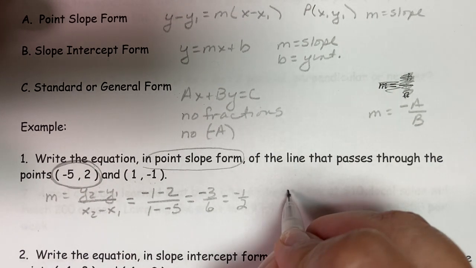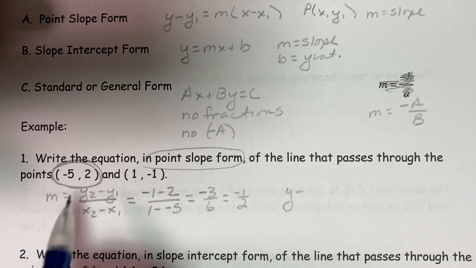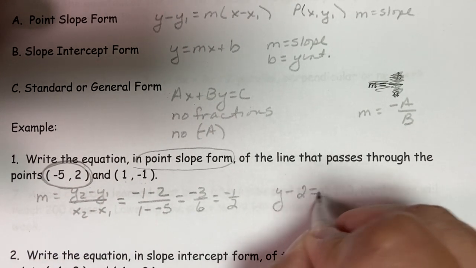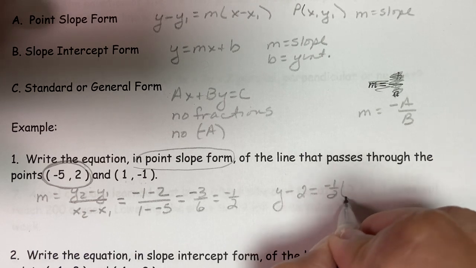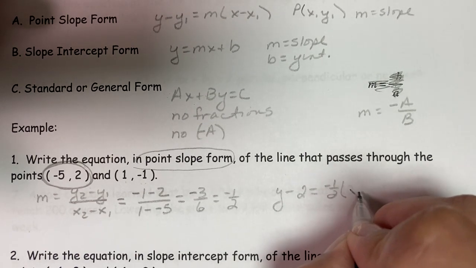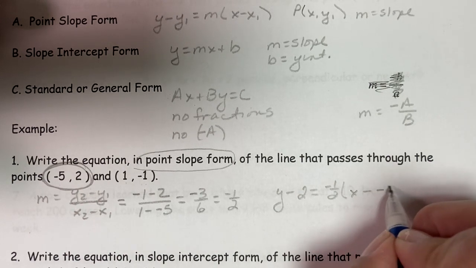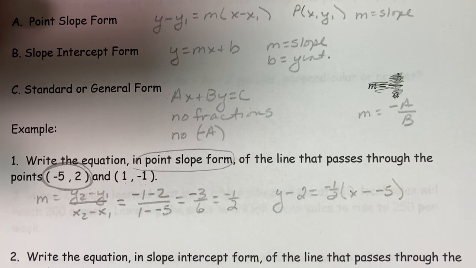So my point-slope form would be y minus the y of my point, that's y1, so that's 2, is equal to the slope, which is -1/2, times x minus the x of my point, which is -5.